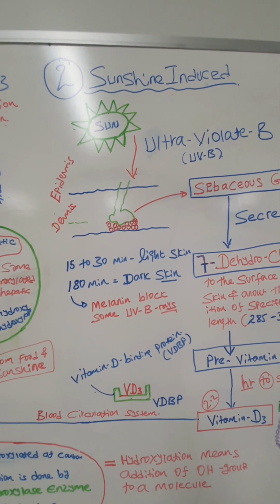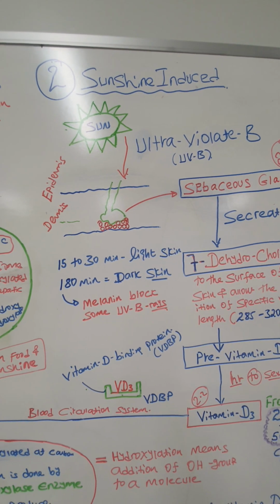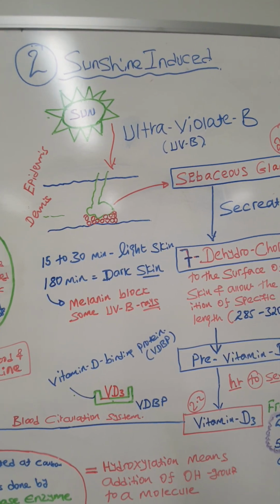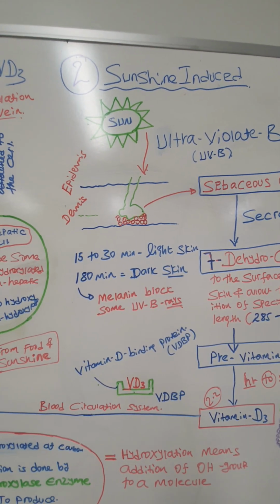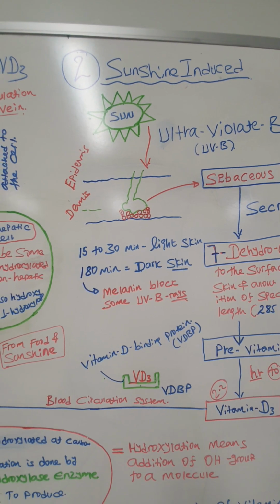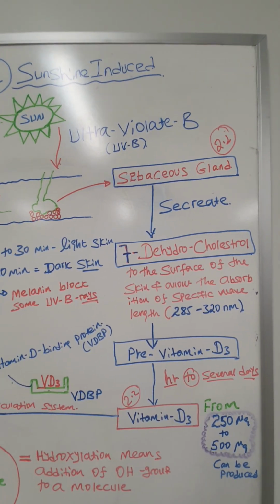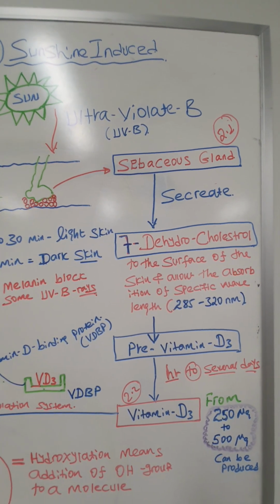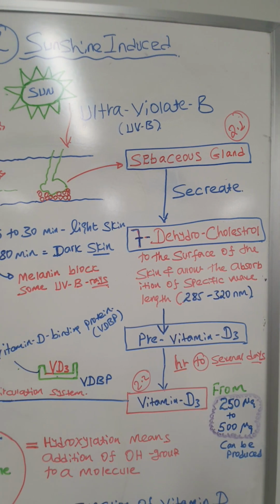As you may know, in the sun we have ultraviolet B, and when this ultraviolet B reaches our skin, we have epidermis and dermis. Between these two important skin components, we have a gland called the sebaceous gland. This sebaceous gland secretes 7-dehydrocholesterol.